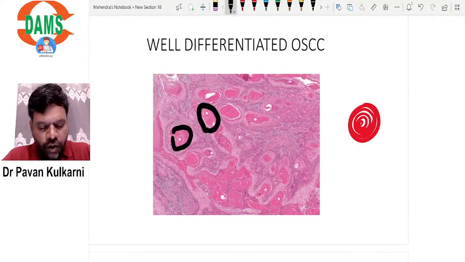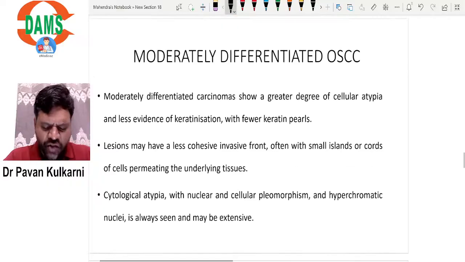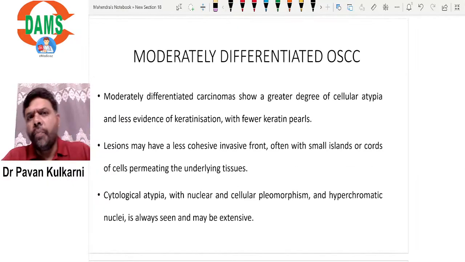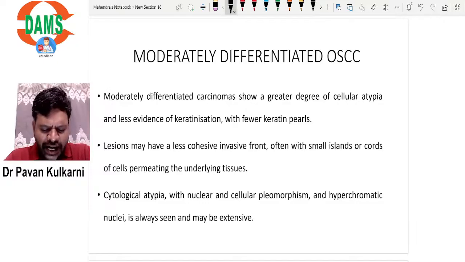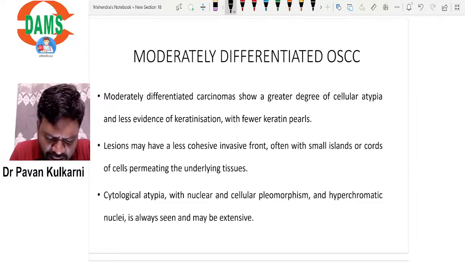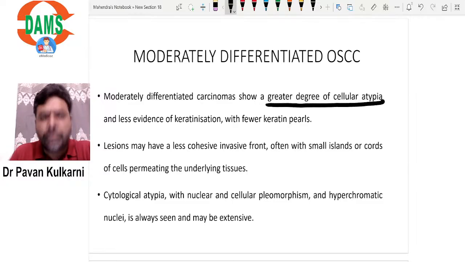Now moving on to moderately differentiated squamous cell carcinoma. Moderately differentiated shows a greater degree of cellular atypia. Atypia meaning dysplasia.